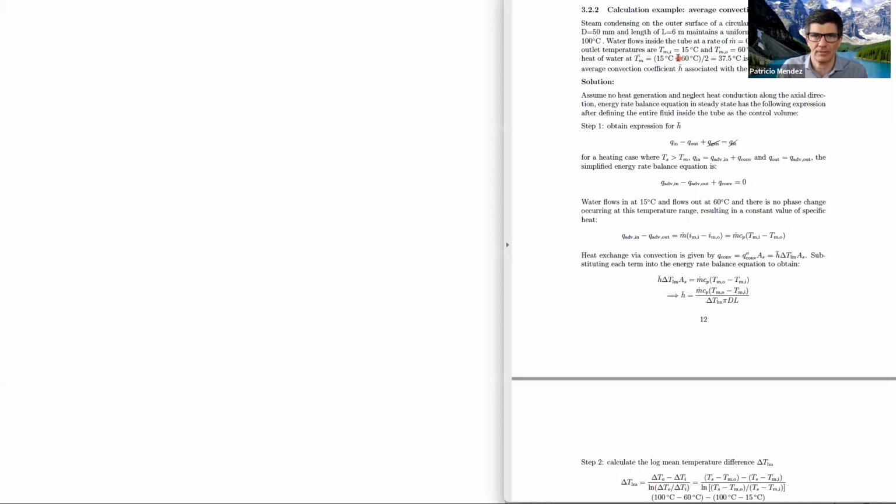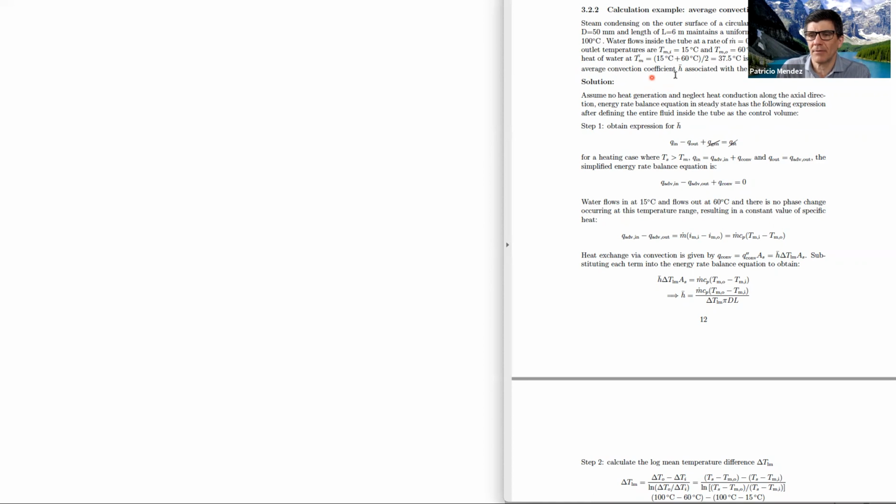That's what the book suggests. And it's a reasonable approximation. So you get the temperature halfway between inlet and outlet, and at that average temperature, you take the specific heat, which is this one that we have here.